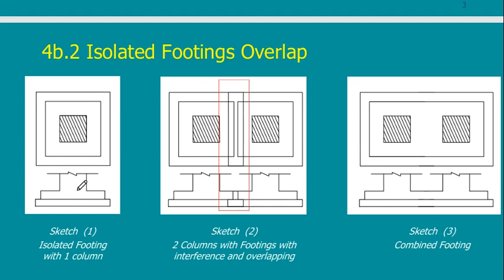In this arrangement, suppose we have two columns very close to each other, and when I come to draw them, I find that there is an overlap between both footings. I don't consider the overlap in the plain concrete as an overlap. The start of the overlap is the overlap in the reinforced concrete.